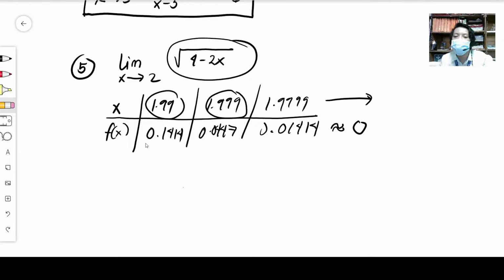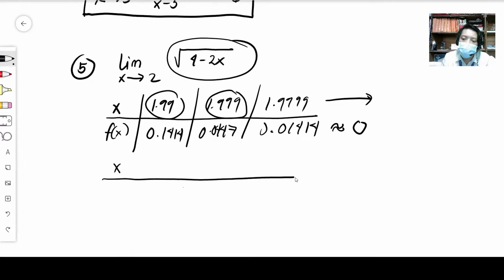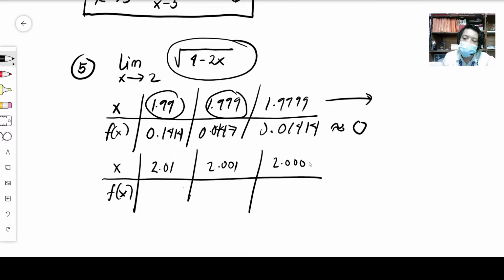How about if your x approaches 2 coming from the right? Your value of f of x, for example, 2.01, 2.001, 2.0001.